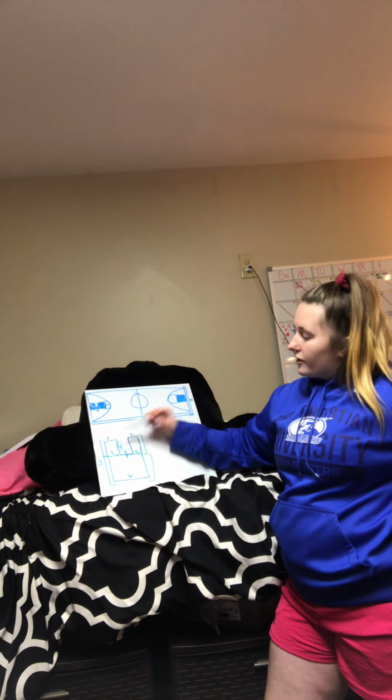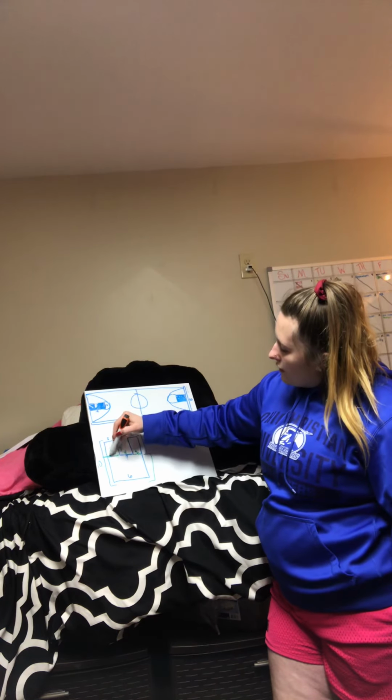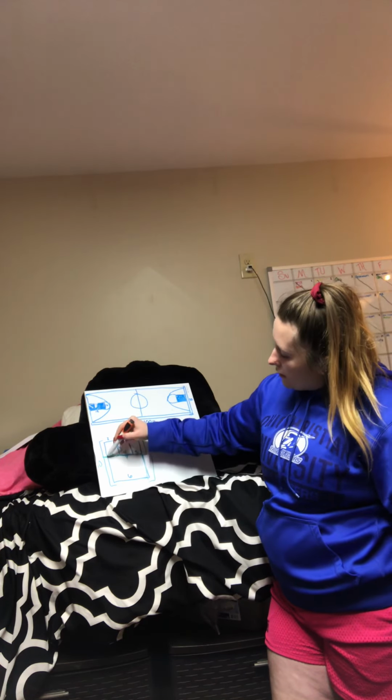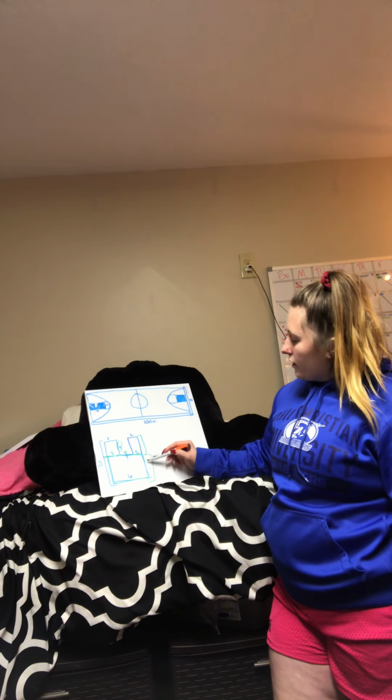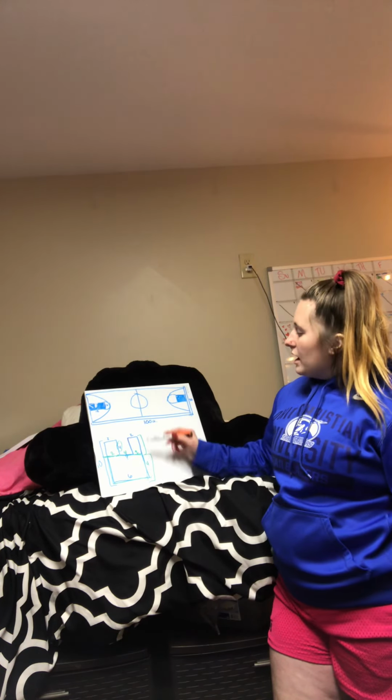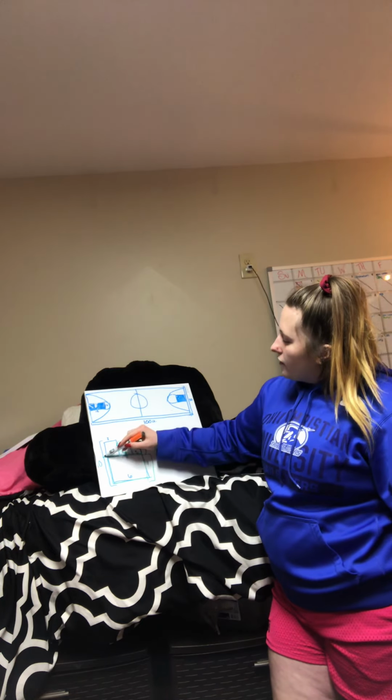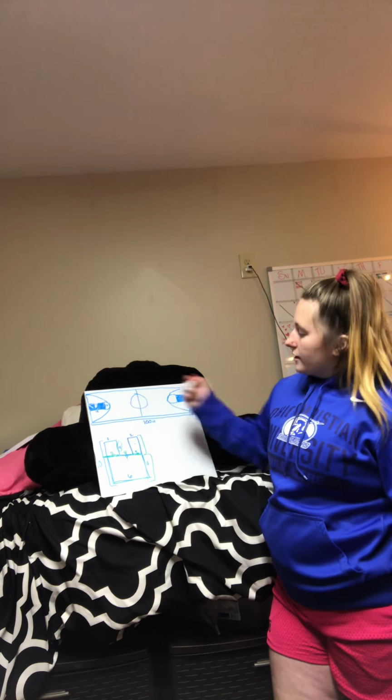But we do because of this 4, right? So in order to find the area of this first box right here, we can multiply 6 times 4, because the 4 is going to be the length, and then we can find these areas and add them together.